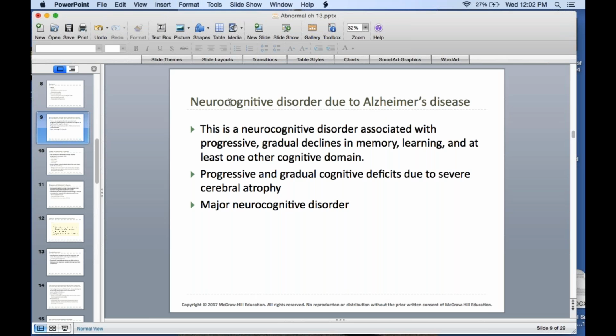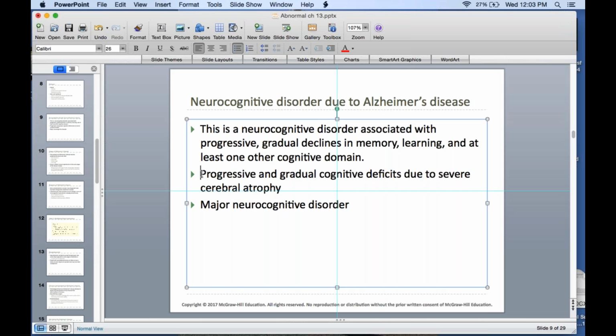It is a neurocognitive disorder associated with progressive, gradual declines in memory, progressive gradual declines in learning, and at least one other cognitive domain. If you're a flashcards person, you want to write down Alzheimer's, and then progressive and gradual.